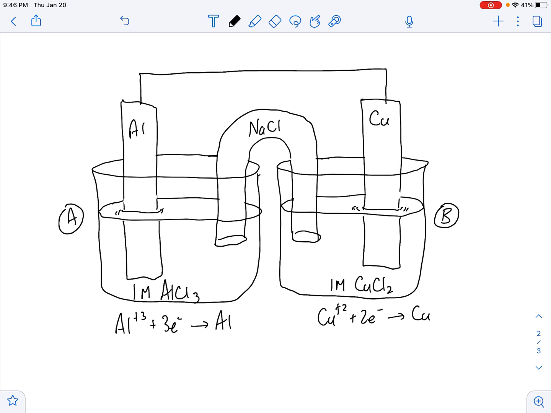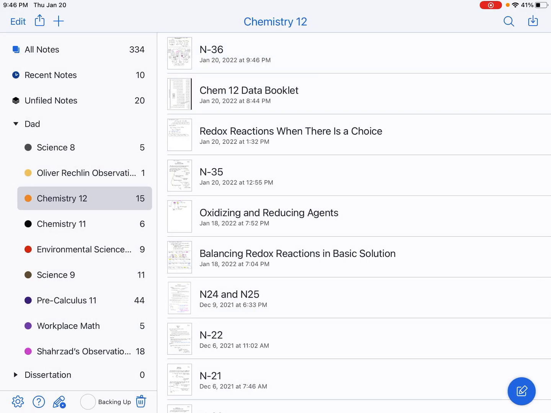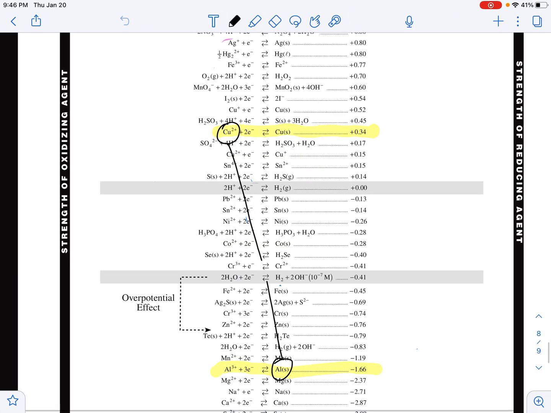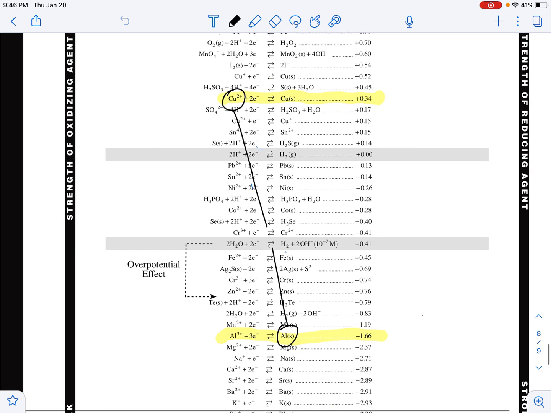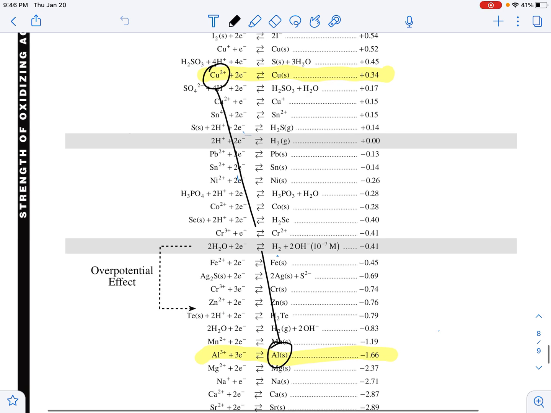So what I'm going to do is go to the table now. Actually, I think I've got the things already labeled on the table. I do. So I've got the two lines on the table where I've got the copper plus 2 going to copper and Al plus 3 going to Al. And what I'm doing is I'm trying to decide.